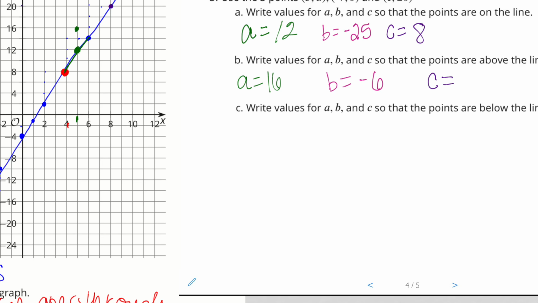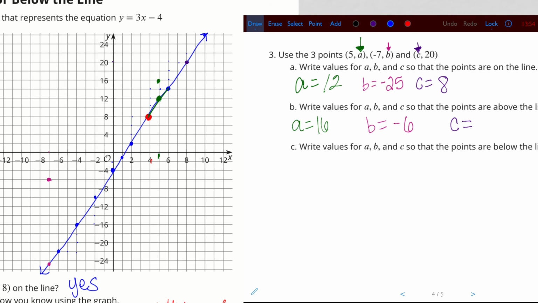If we're at 20 on the y-axis, what's a value for x that is above the line? 12? If I go to 12, 20, is that above the line? Our y value is already 20.